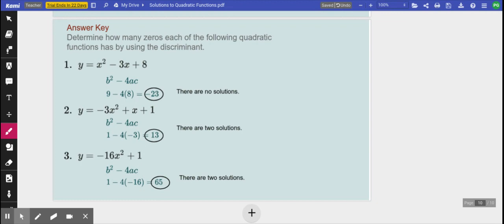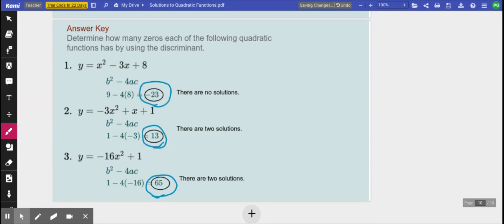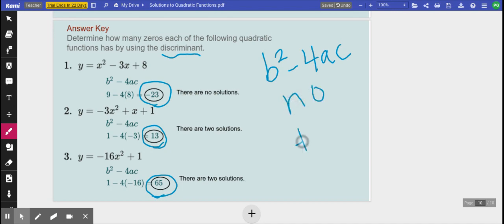When you combine those, you get a 65, so there are 2 real solutions. So when we use the discriminant, when we find the number b squared minus 4ac, the value of that number lets us know if there are no solutions, 2 solutions, or 1 solution.